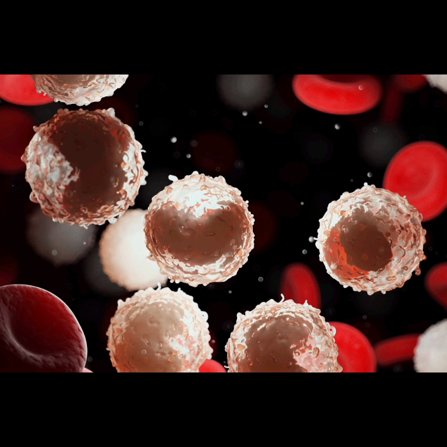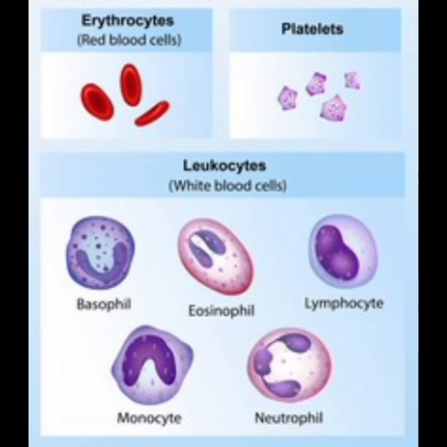Now, neutrophils are the most abundant cells. And neutrophils and monocytes are phagocytic in nature. What do they do? They destroy the foreign organisms which enter the body.